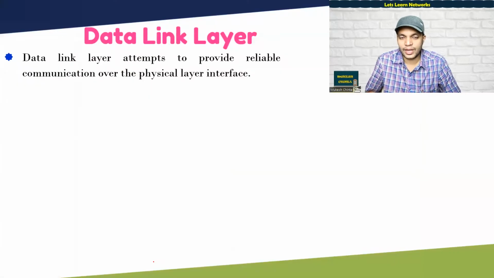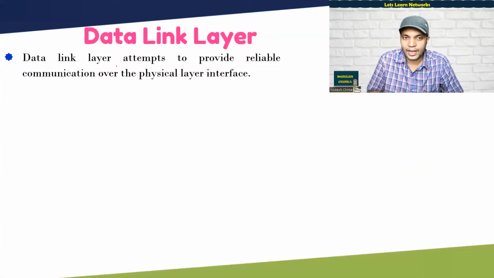On top of the physical layer is the data link layer. The data link layer attempts to provide reliable communication over the physical layer interface. I told you that the physical layer deals with all the interfaces and so on. It simply converts the data into signals and transmits them, but it does not care about any transmission errors. So it is up to the data link layer to ensure that this physical layer appears error-free to the upper layers.